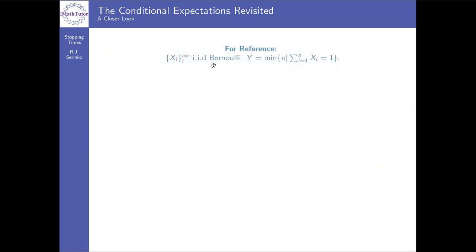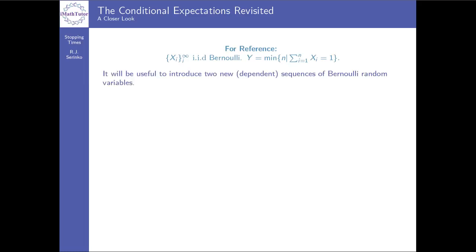So we're going to keep some things up here at the top for your reference as we go through, remembering that we're dealing with an IID sequence of Bernoulli random variables, and that the geometric random variable can be expressed in terms of these Bernoulli random variables as written there.